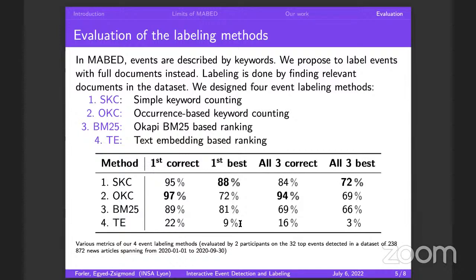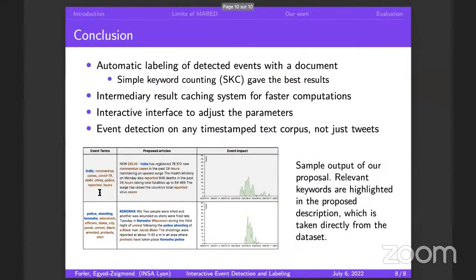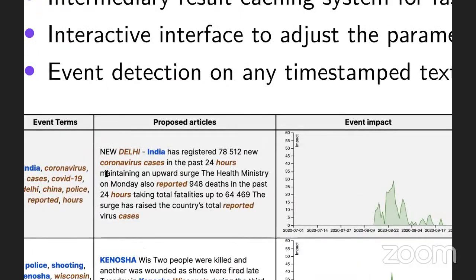Just to complete the question of Jacques, in your keyword counting, do you have a lot of named entities, or is it common nouns? It's just keywords, so it can be anything that MABED detects. I think I can have an example here.